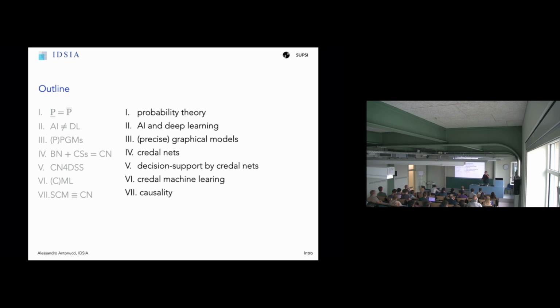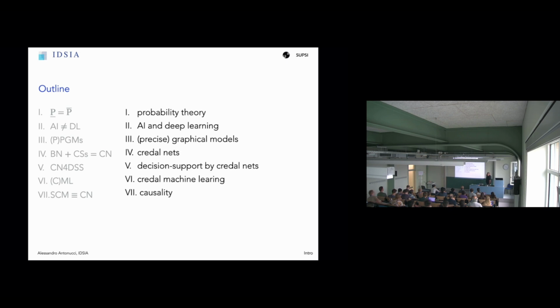I know you already did an introduction day with Eric, but it's just to define a little bit the kind of notation, the kind of terminology. So I need something like that. Also, from a practical point of view, I want to do some very small, very quick exercises with you.